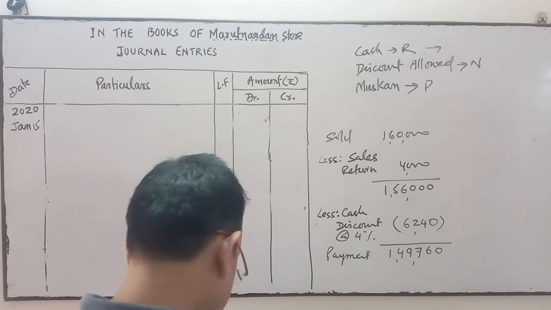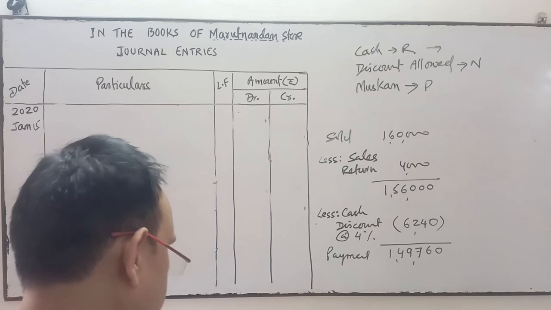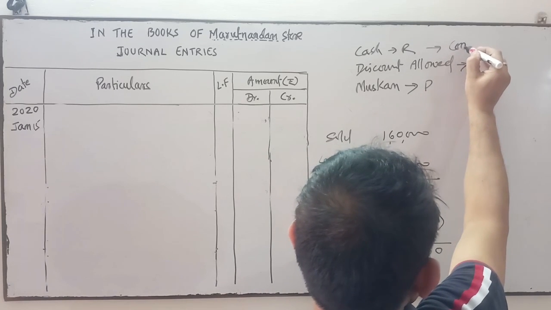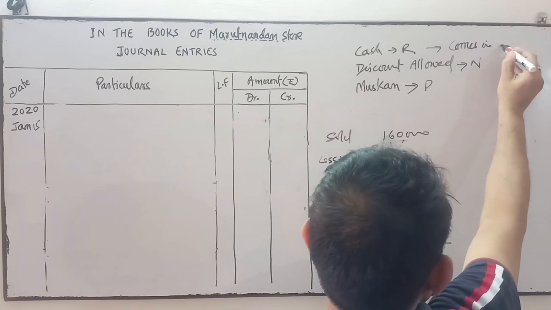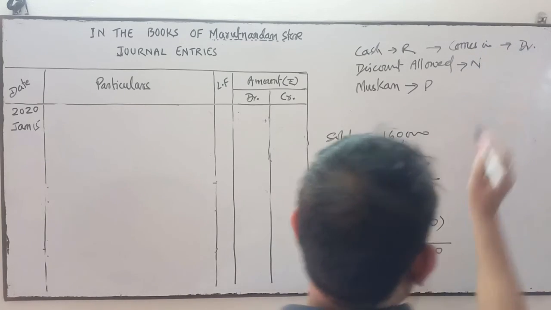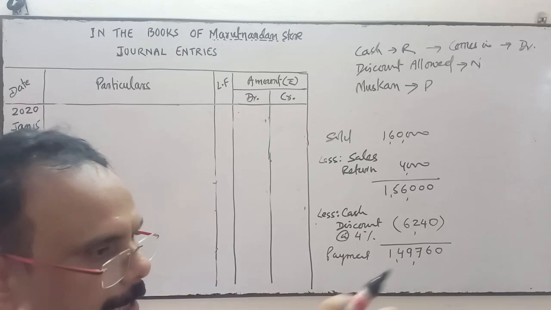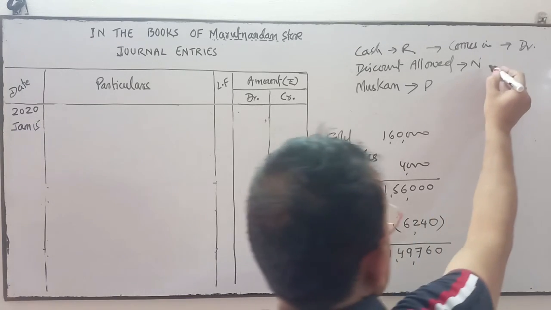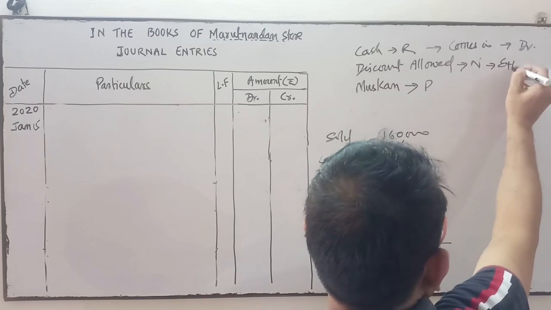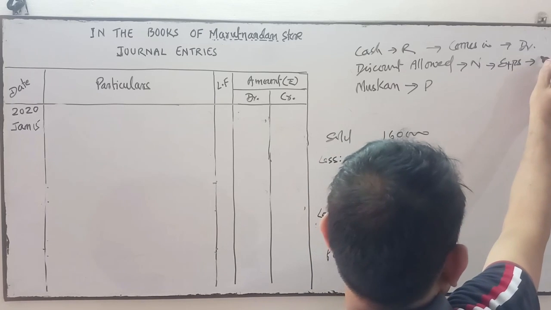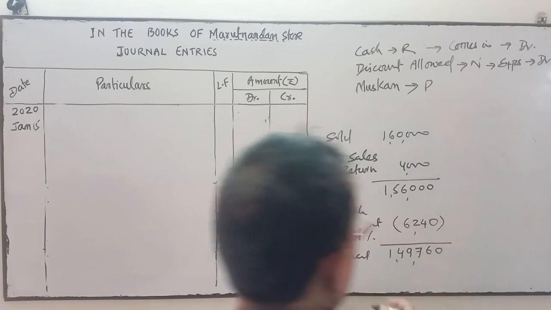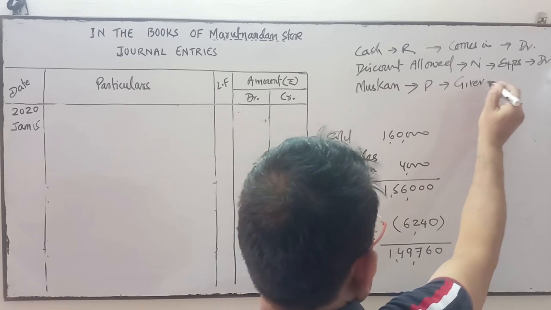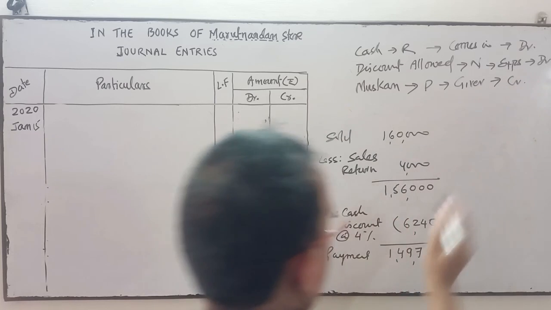When we have received the cash from Muskan, what comes in is debit. So when we receive the cash, we allow the discount. When we allow the discount, it's an expense of the business, because we are allowing discount. So all expenses debit, and Muskan, the giver, comes under personal account, credit.